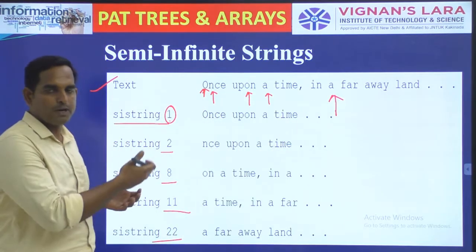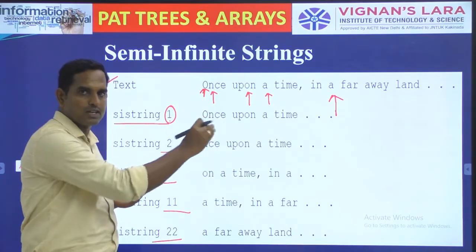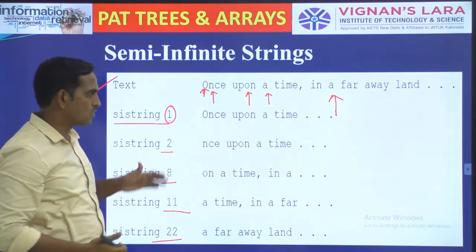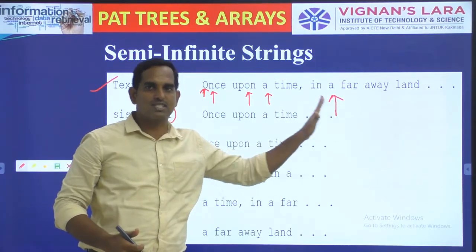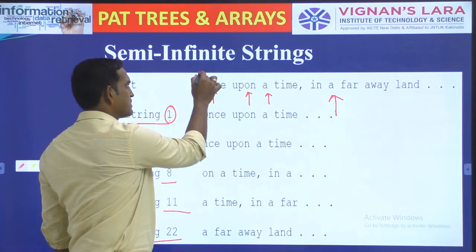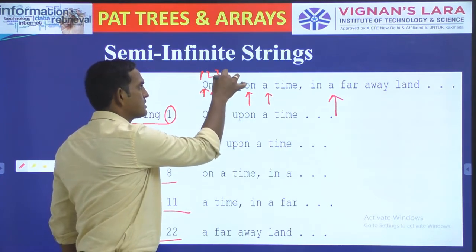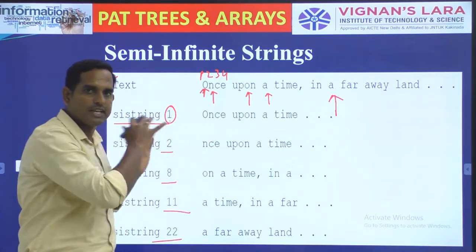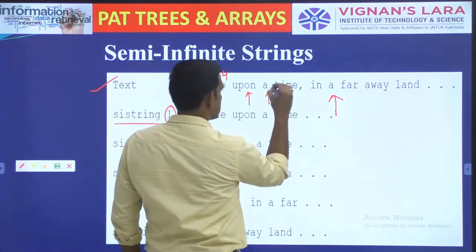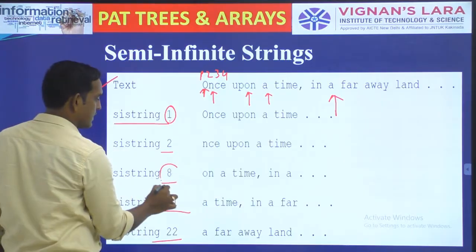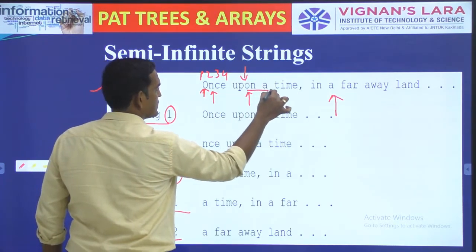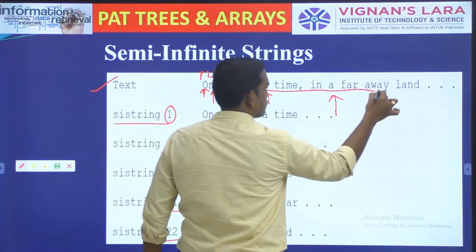So based upon the position where you start your subsequence of characters, your sistring will be denoted. You can have any number of sistrings based upon the starting position: sistring 1, sistring 2, sistring 3, sistring 4, and so on. For example, if you start your sistring 8 here, it can go up to any part on your right.